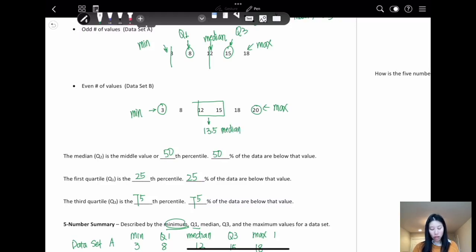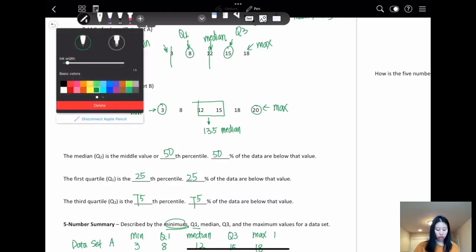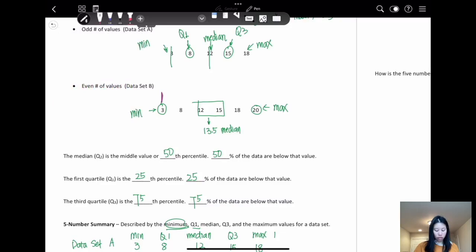So this is going to be our median. So what about Q3 and Q1? I'm going to use a different color of pen. From the minimum to the median, when we try to find the center, it is 8. So this is going to be our Q1. Similarly, in between the median and the maximum, you want to find the center of it.